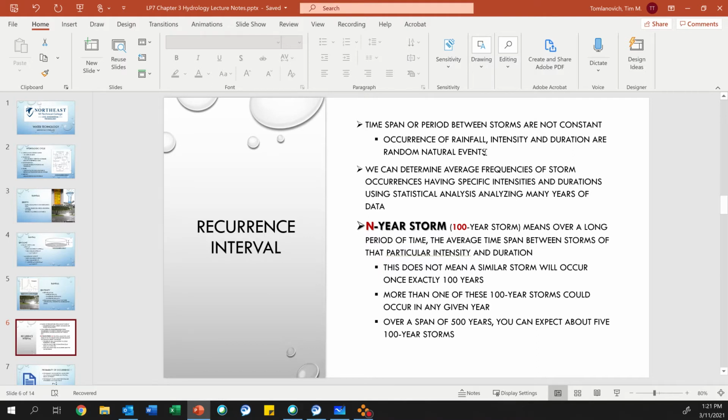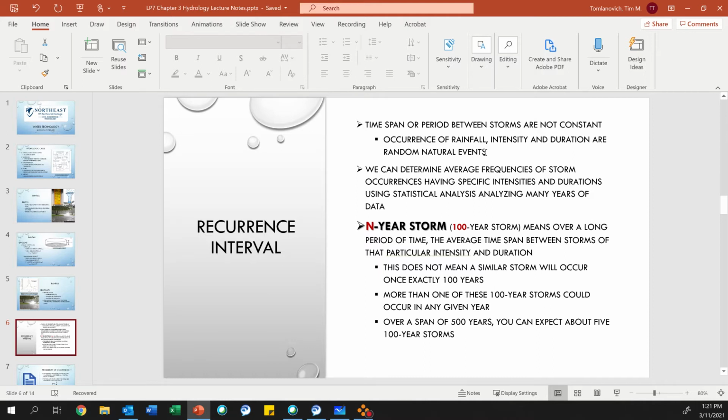So that's what they call an N-year storm. N is like a 100-year storm. So a 100-year storm is the recurrence interval. A 5-year storm, 25-year storm, etc. Recurrence interval or return period, they sometimes call it. So it means over a long period of time, the average time span between storms of that particular intensity and duration.